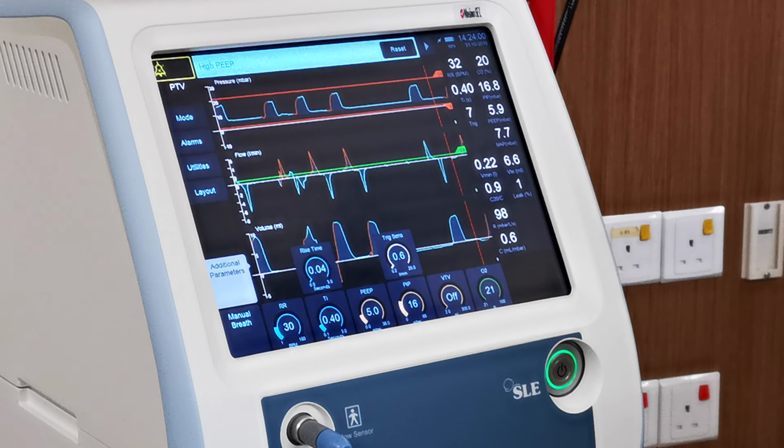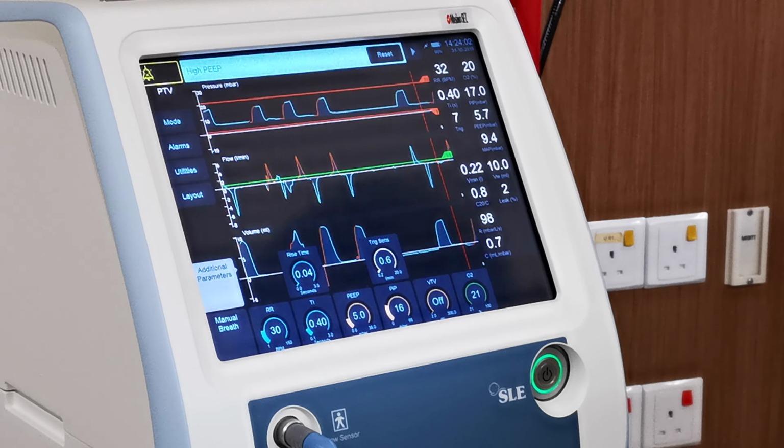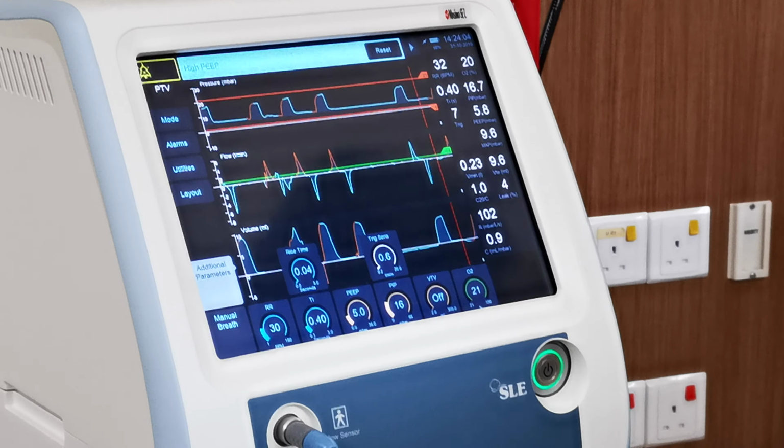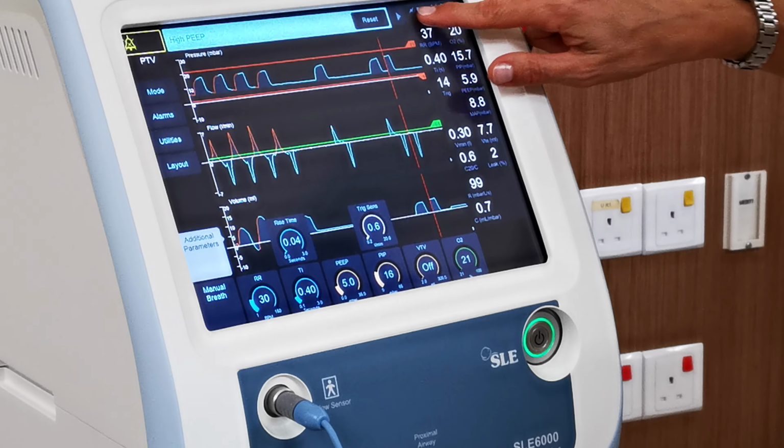Okay. But if my patient breathes at 50 breaths per minute, the ventilator will assist all the breaths. It will push 50 breaths. So just to know what is happening, you look here. Okay. How to know if your patient can be weaned? So here, look. If you see here, the breaths per minute, 37.